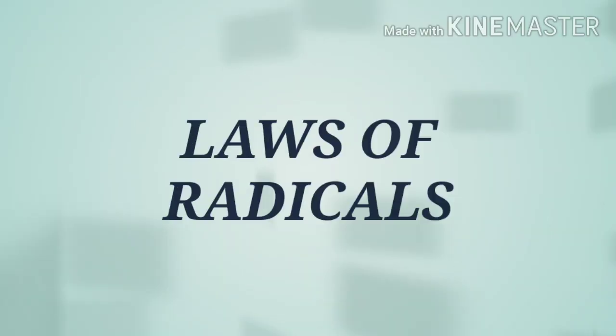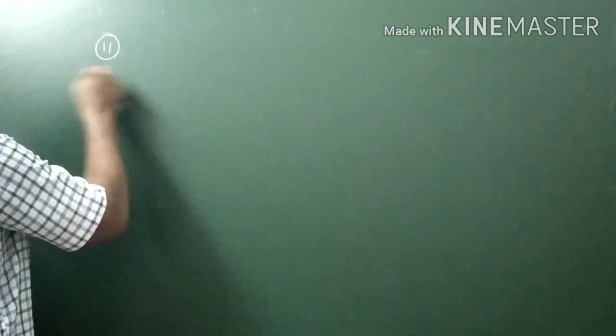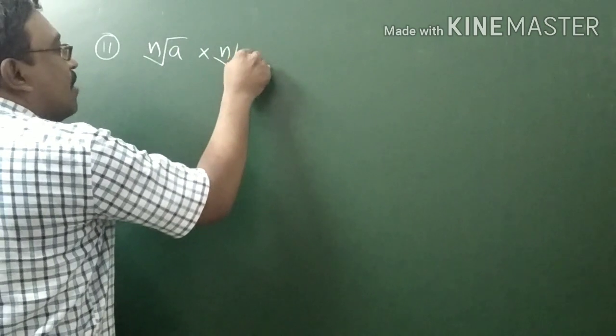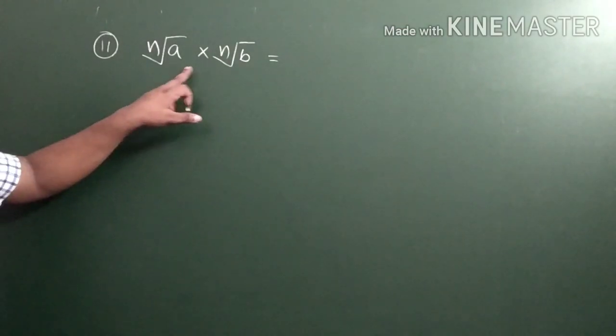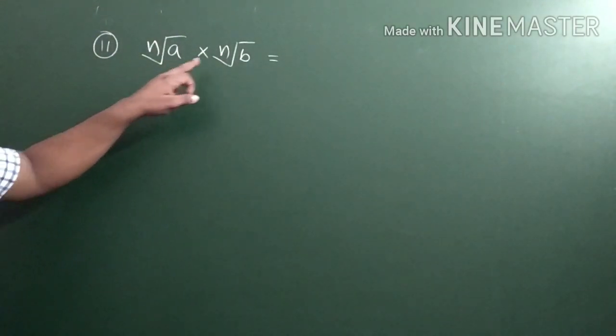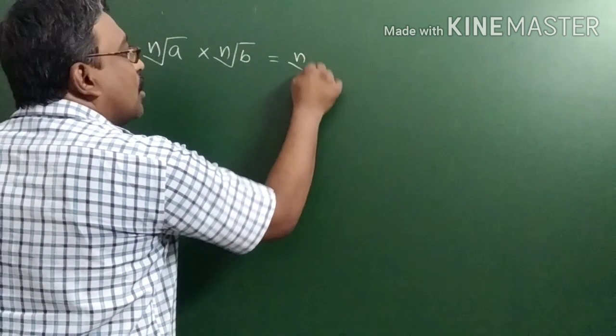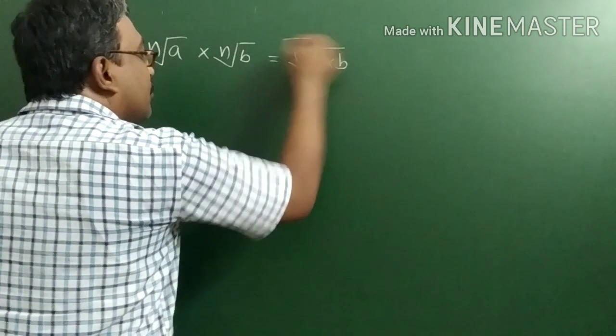Okay. Now, your next formula, that is the 11th formula. Nth root of a into nth root of b, both the radical signs are same, then you can write nth root of a into b.